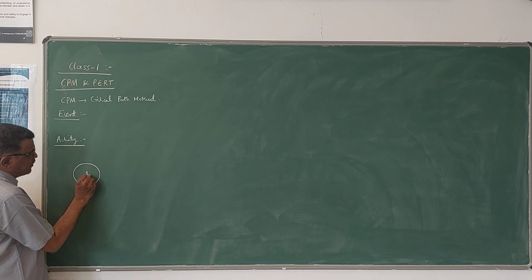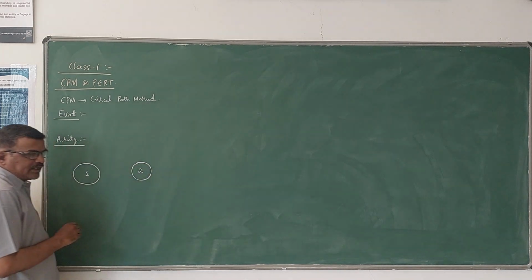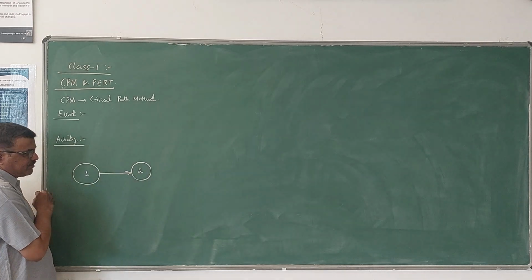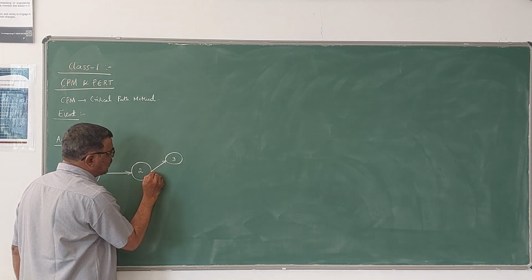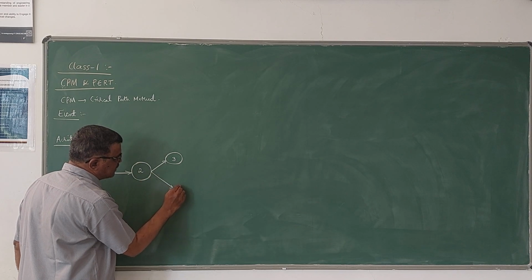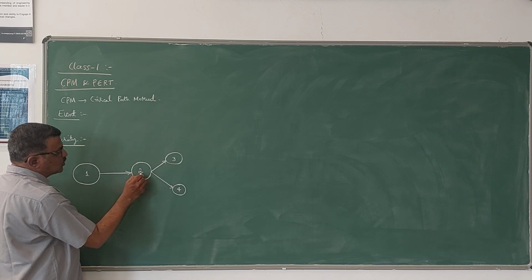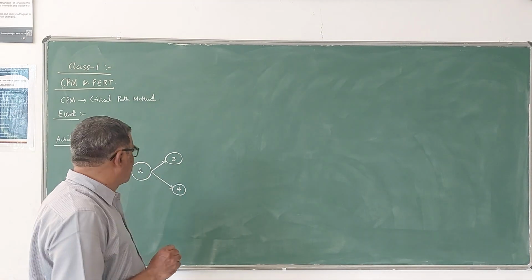These events are denoted by circles with numbering. Another one is activity, which connects these events. So, something like this. This is an example. This 1, 2, 3, 4 represent the events, and 1 to 2, 2 to 3, 2 to 4 represent the activities.